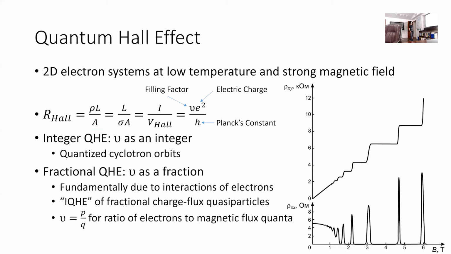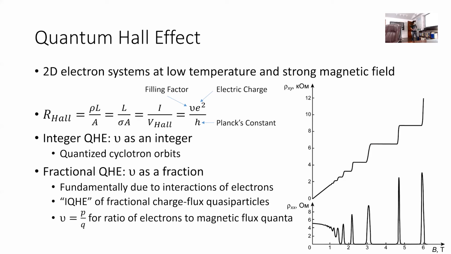And then if you take a 2D electron system with a really low temperature and a really strong magnetic field, it turns out that you get this integer quantum Hall effect where there's discrete levels associated with the transverse Hall conductivity.